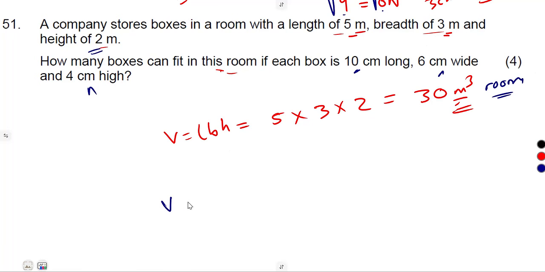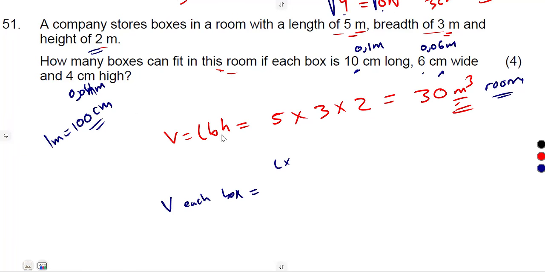So the volume of each box is going to be what? In cubic meters. So let's convert these ones to meters. 1 meter is 100 centimeters, so we're going to divide by 100. That's 0.1 meters, 0.06 meters, 0.04 meters. So we have our volume, length times breadth times height.